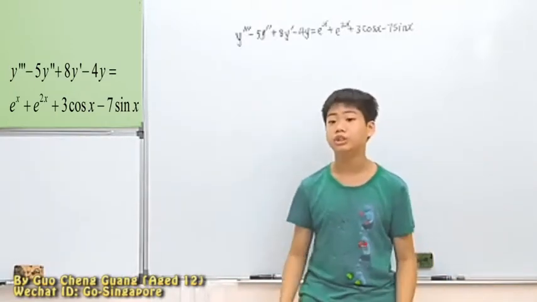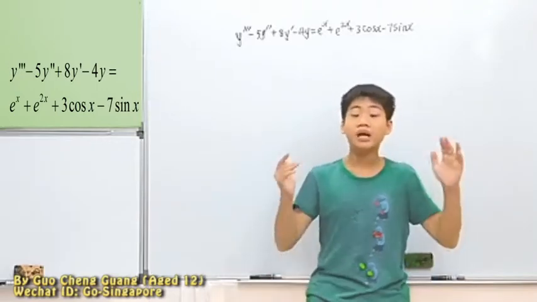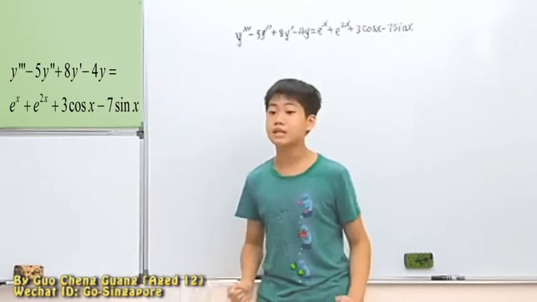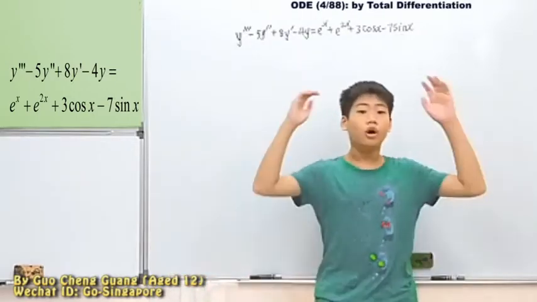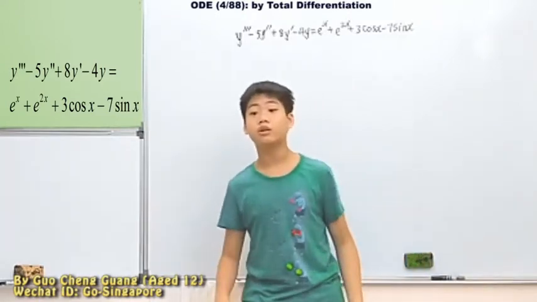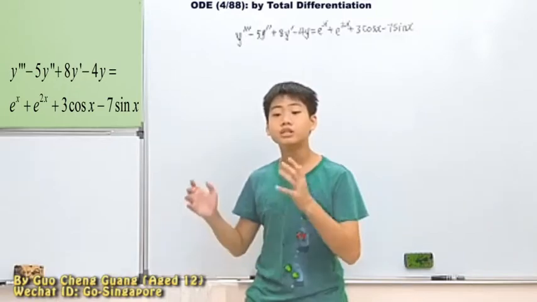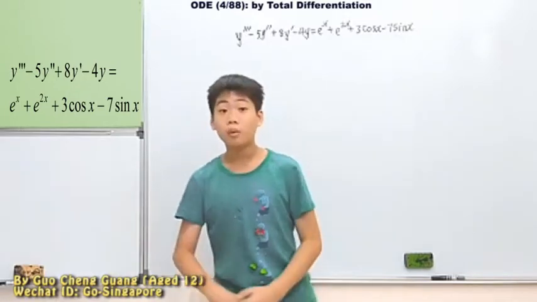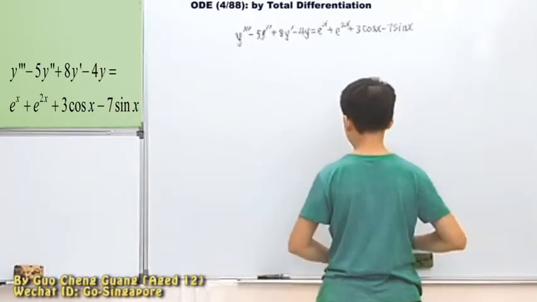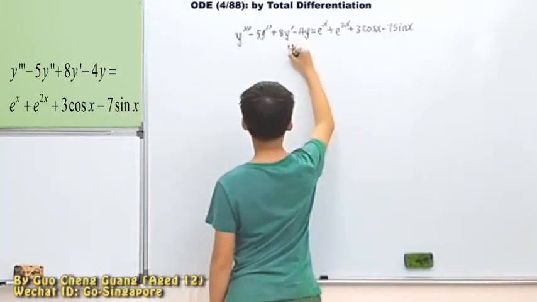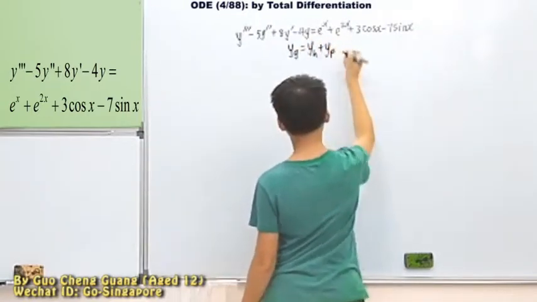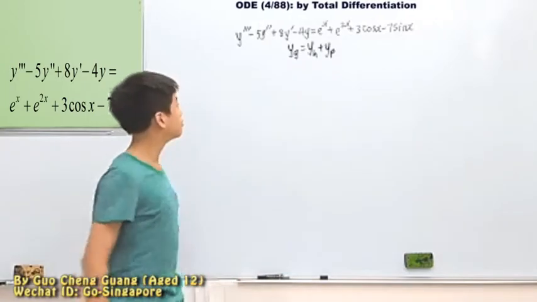Just that for non-homogeneous, since we want the general solution, we split it into the general solution for the homogeneous differential equation and the particular solution for the non-homogeneous differential equation. Yes, we can just split it like that, and that's what we have written a lot of times: YG is YH plus YP.